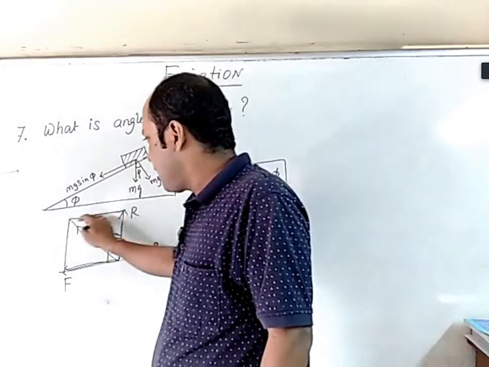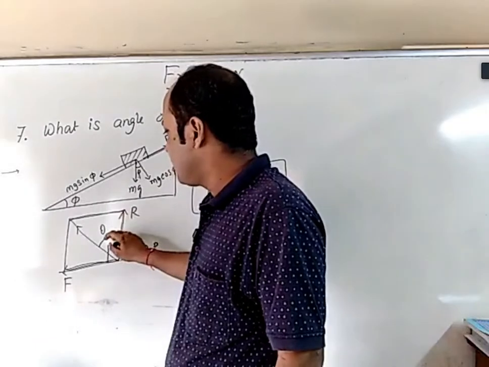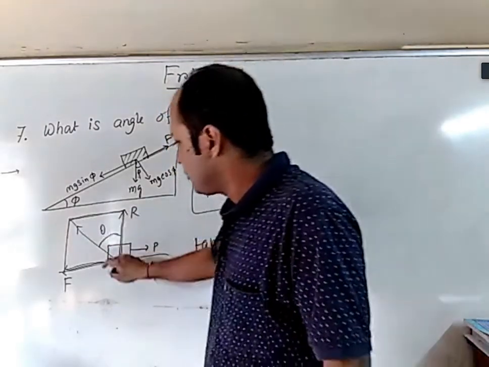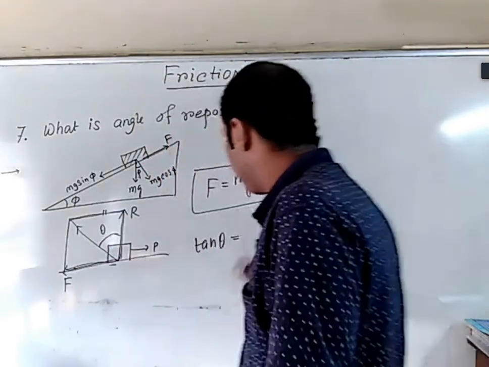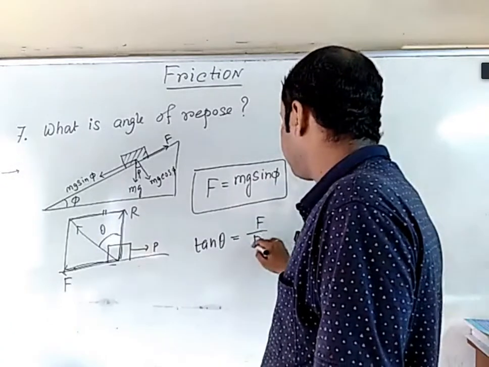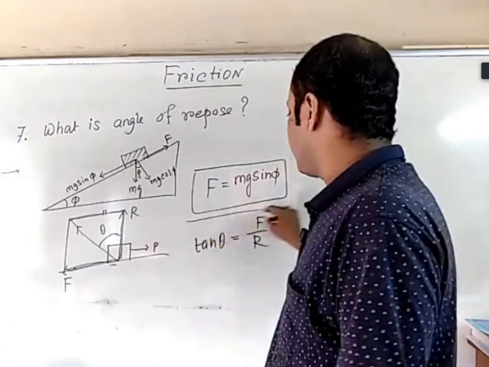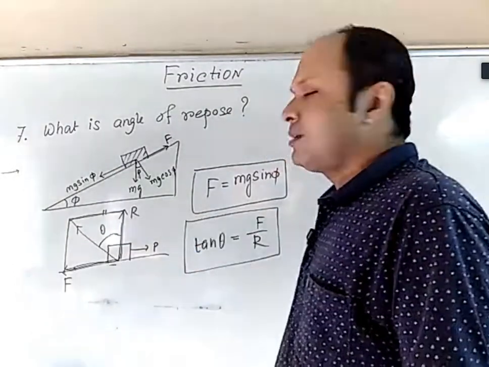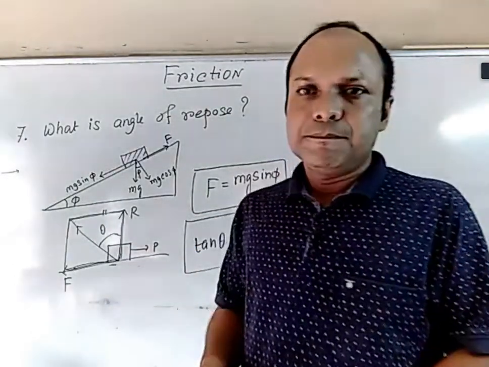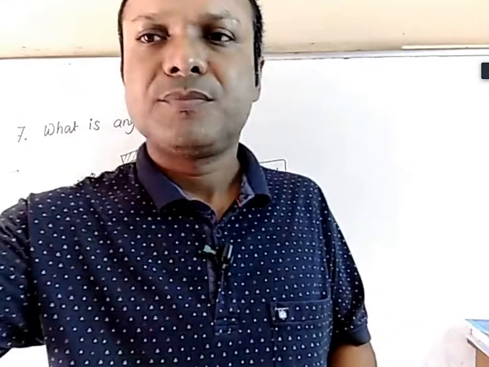That means this is F, this is R. Tan theta equals F by R. You can write like this. Clear? This is angle of friction.